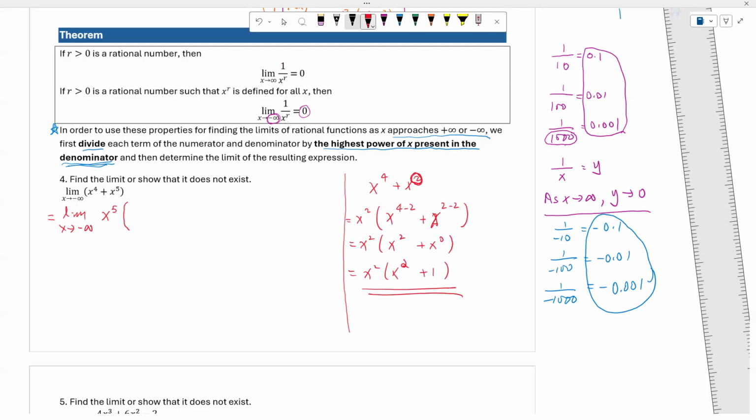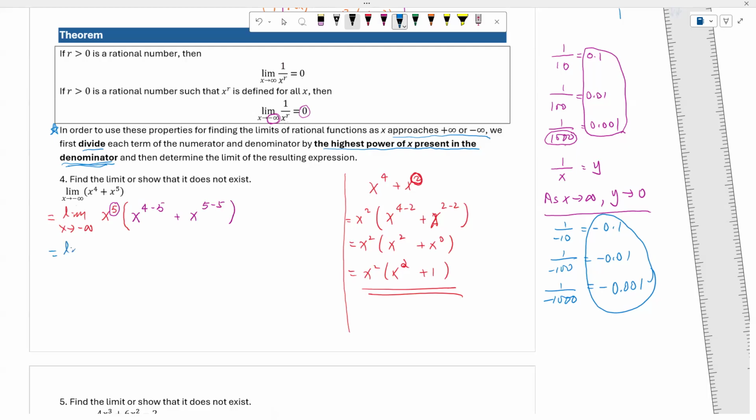Right now, if we try to factor out x to the power 5, then we subtract 5 from the power of each term.